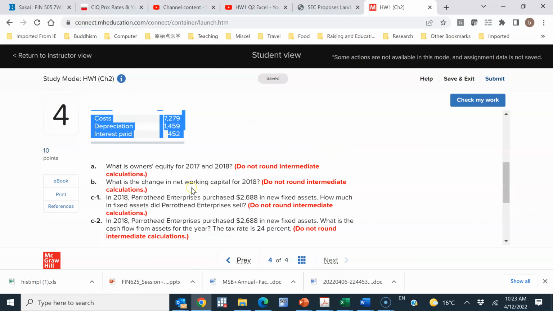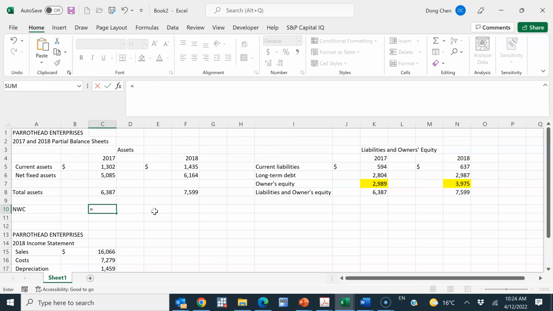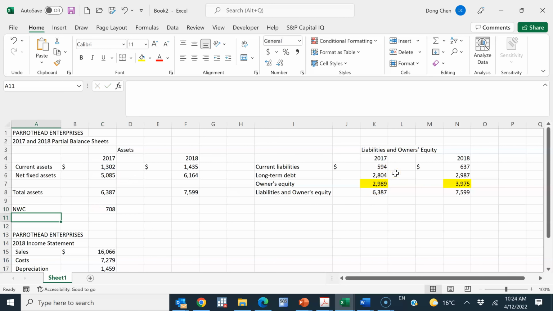Part B is what is the change in net working capital for 2018. To calculate the change, we first need to calculate the level, right? What is the net working capital? Net working capital is basically current assets minus current liabilities. So for each year, we can calculate net working capital as the difference between current assets and current liabilities.